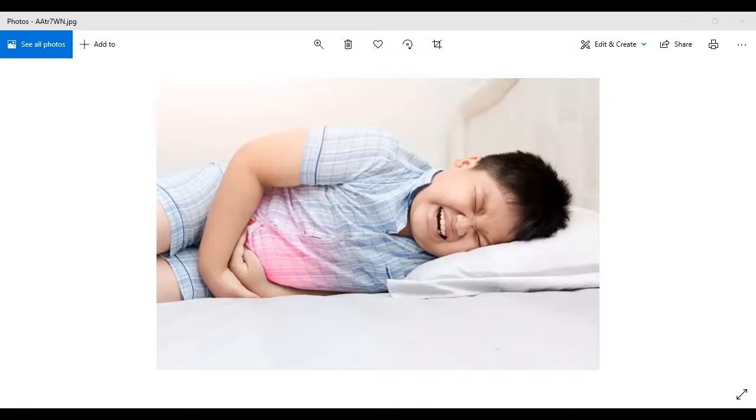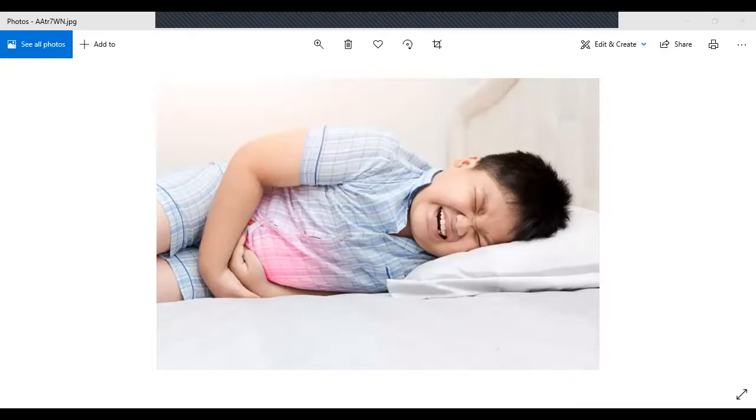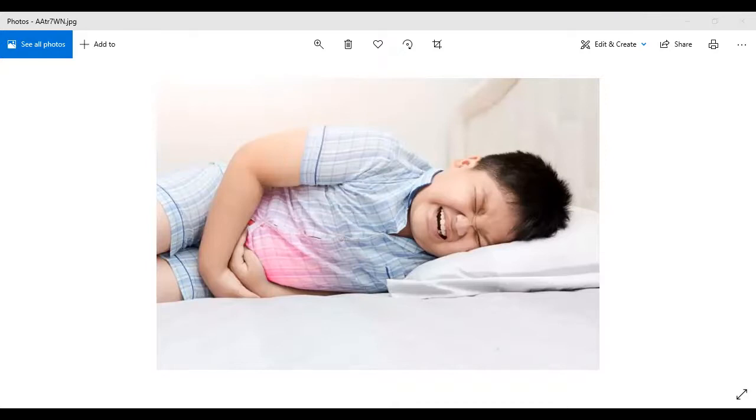Besides that, if you shake hands with somebody who has a virus, the most common being the influenza virus, which we call flu, then after shaking hands with that person, if you touch your nose or mouth, you can get that virus as well. Similarly, if you do not wash your hands after coming from somewhere, or before eating, another disease that can happen is diarrhea.